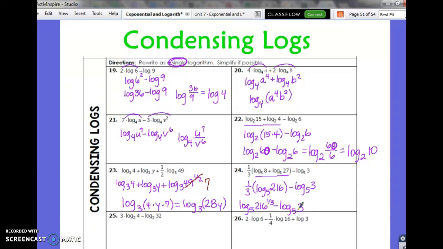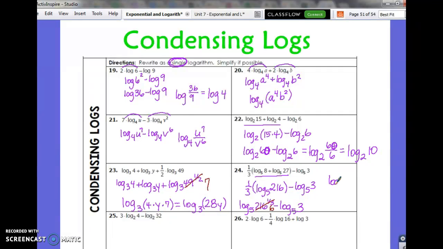And just like before, realize that this 1/3 power means the cube root, and the cube root of 216 is really just 6. Then you can nearly complete your problem from here, because now you have 2 logs being subtracted, so you can condense those using division or the quotient rule.